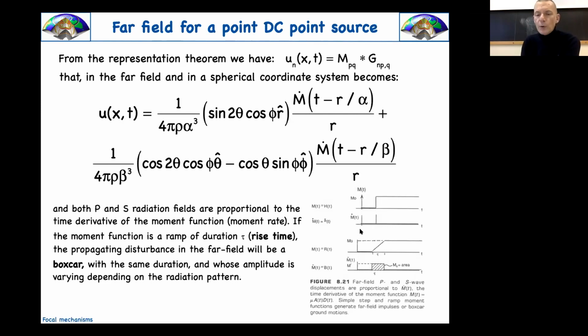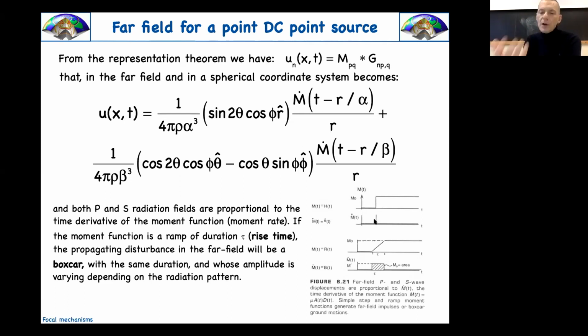So for example, two very simple but important sketches here. Let's imagine that the slip function is 0, and then slips in such a short time that the function is like a step. Then what we are getting will be a delta.